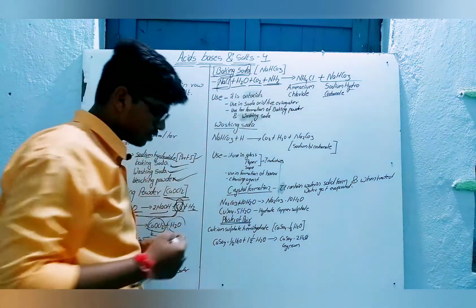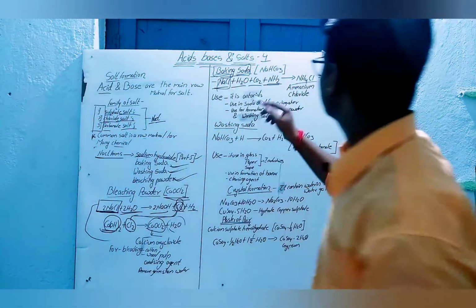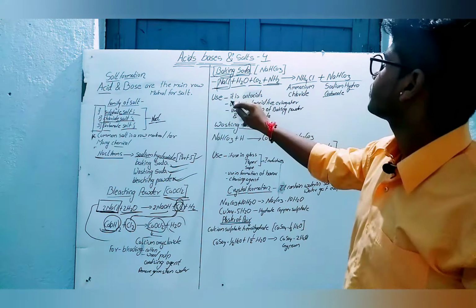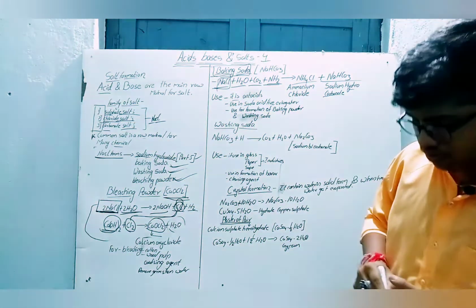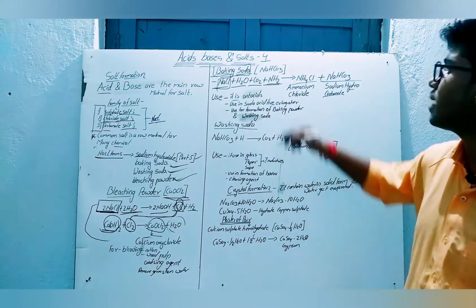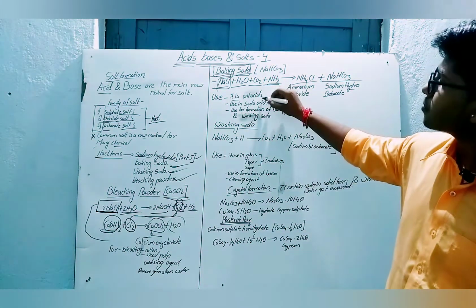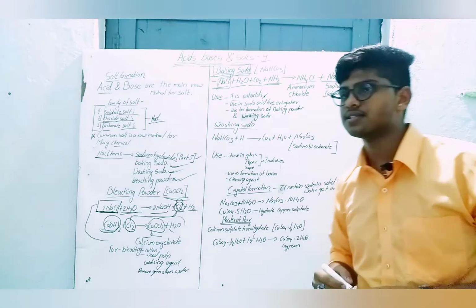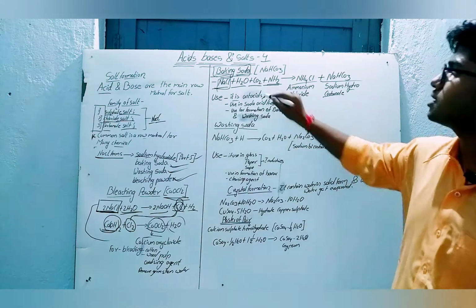Then again we will see the usage. What is the usage of baking soda? Baking soda is an antacid. Some of you may be confused about what antacid means. An antacid is used as a remedy for acidity.